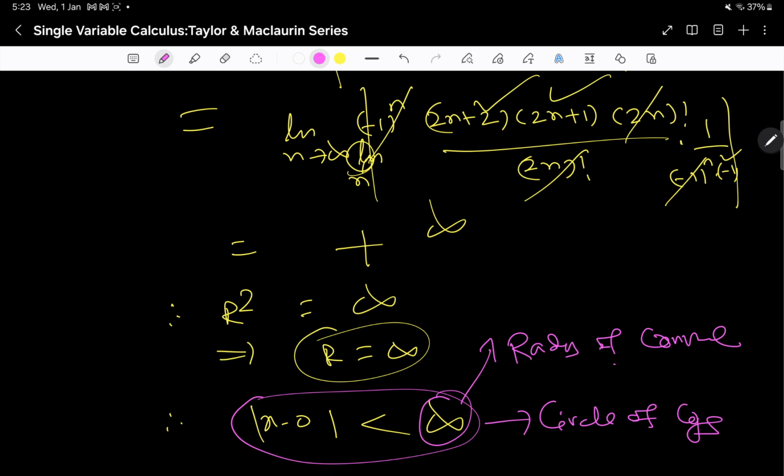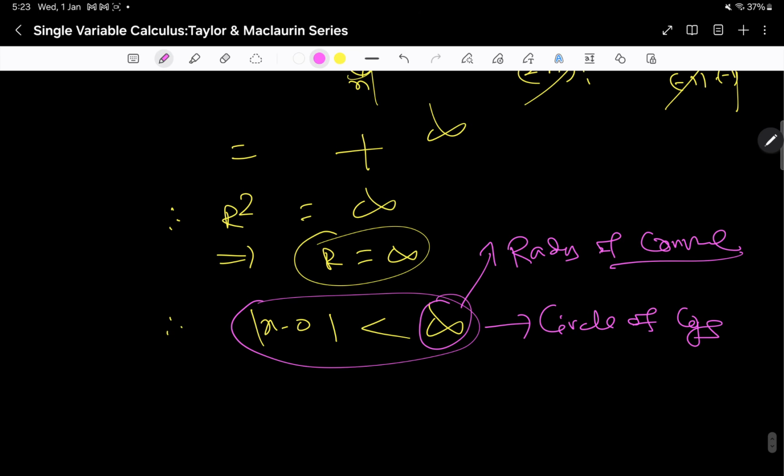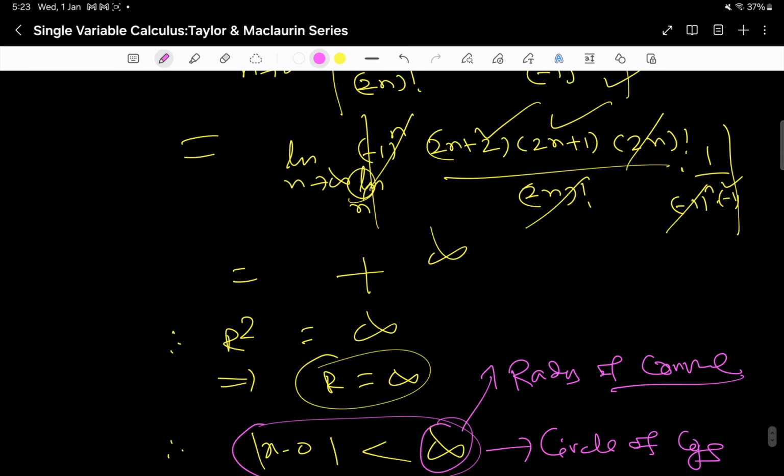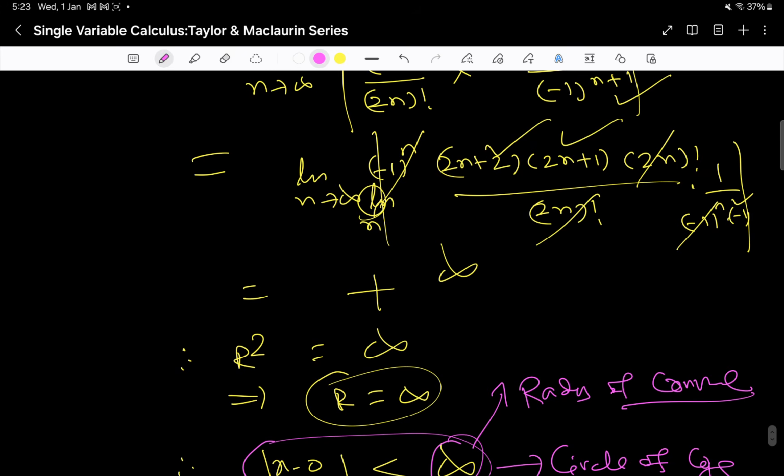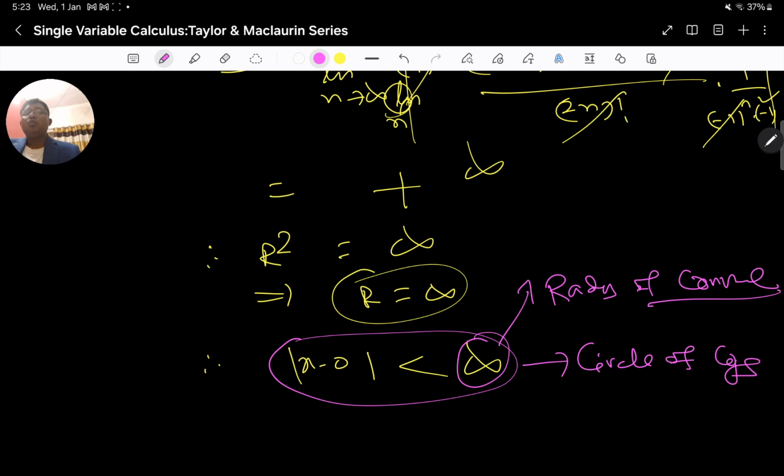Okay. So this is all about the Taylor series expansion and the Maclaurin series expansion with the basic knowledge of power series and radius of convergence. Now to summarize this, the Taylor series expansion is an infinite series expansion about the given center. Once the center is the origin, then the Taylor series is equivalent to the Maclaurin series. The Taylor series at the origin is the same as the Maclaurin series.